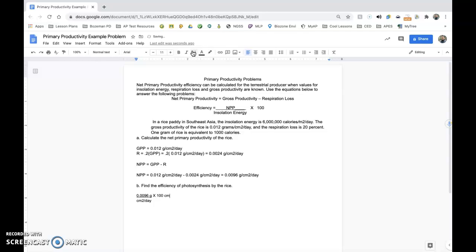So 100 centimeters, actually I think we just keep this underlined the whole time. 100 centimeters is equal to 1 meter. And 100 centimeters is again equal to 1 meter.